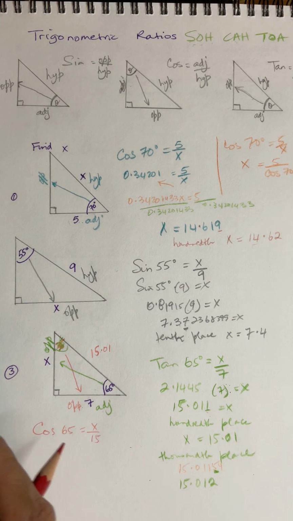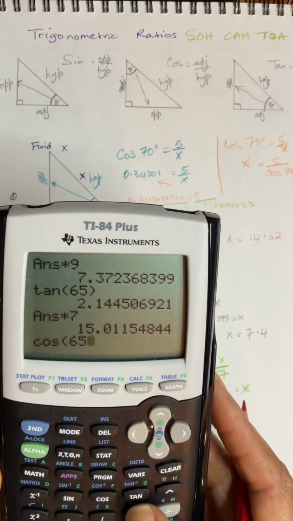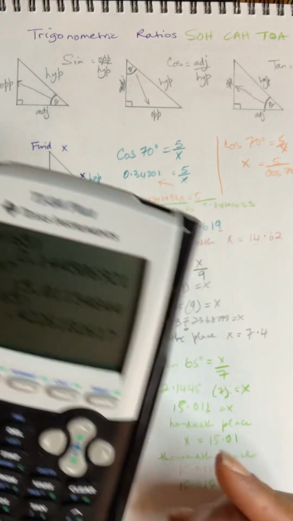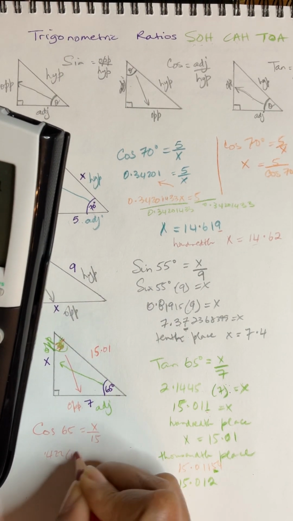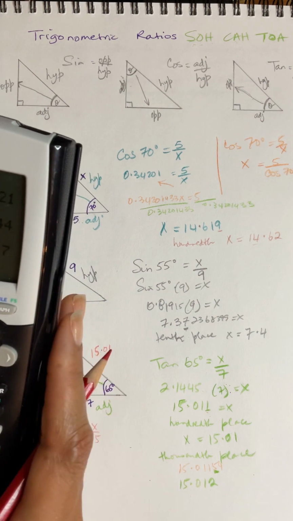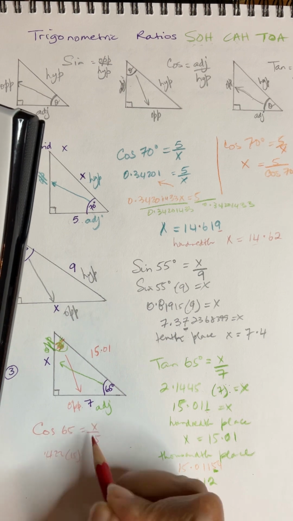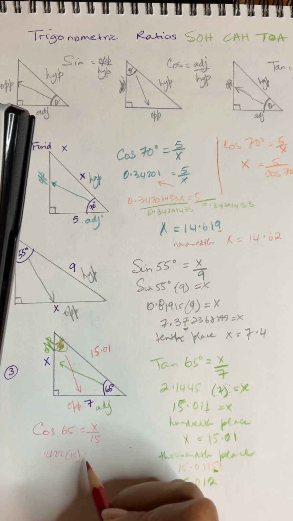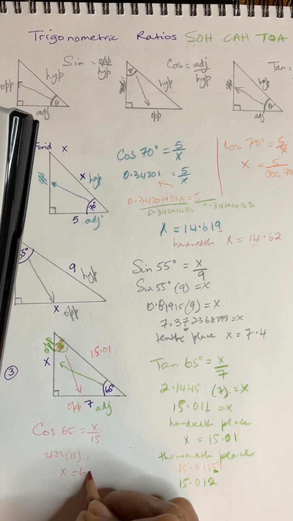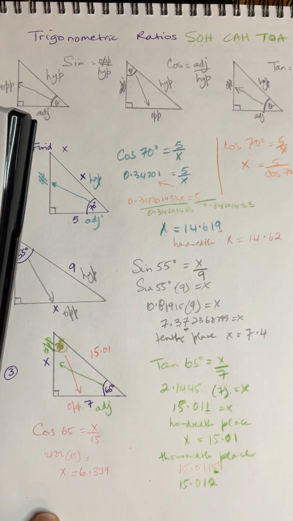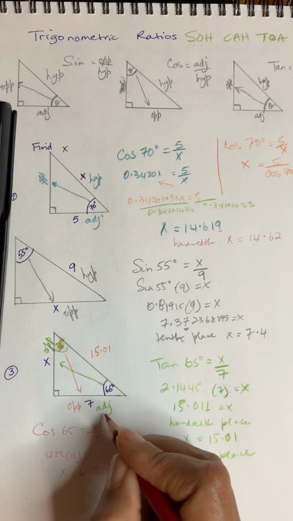Cosine 65 on your calculator, cosine 65, close my parentheses, I end up with 0.4226. Times that by 15, I end up with 6.339. Close enough, all right? x would be 6.339 here.